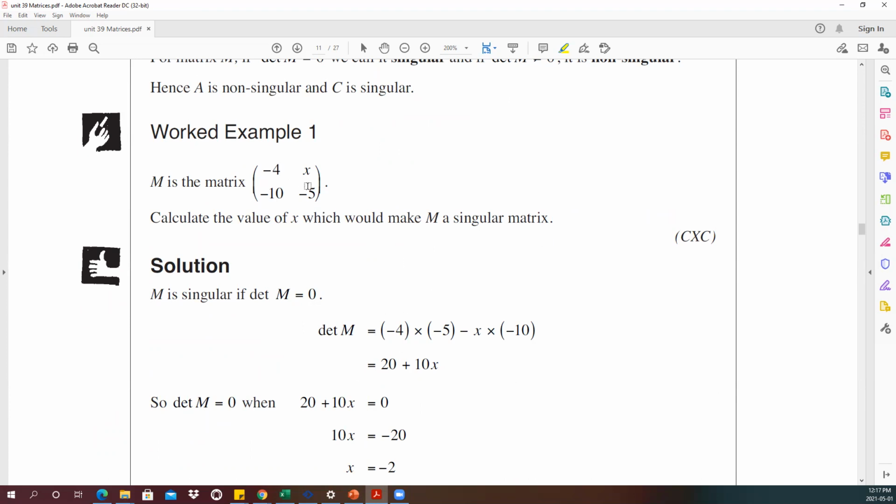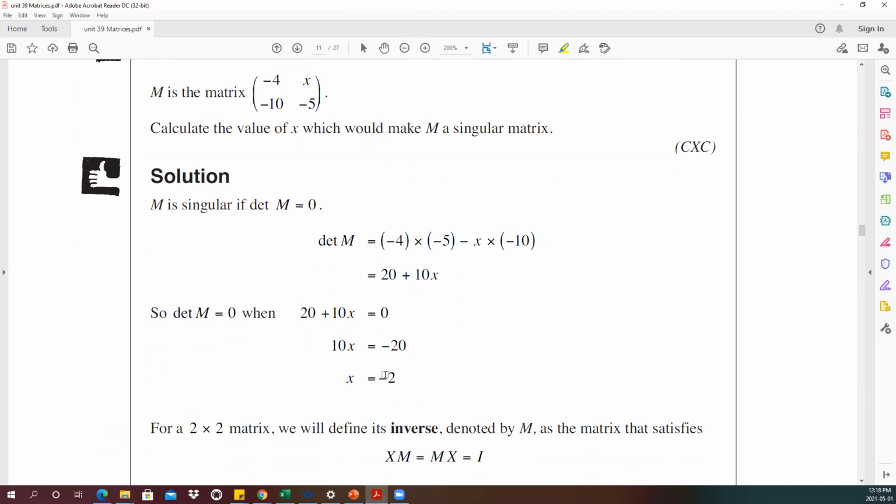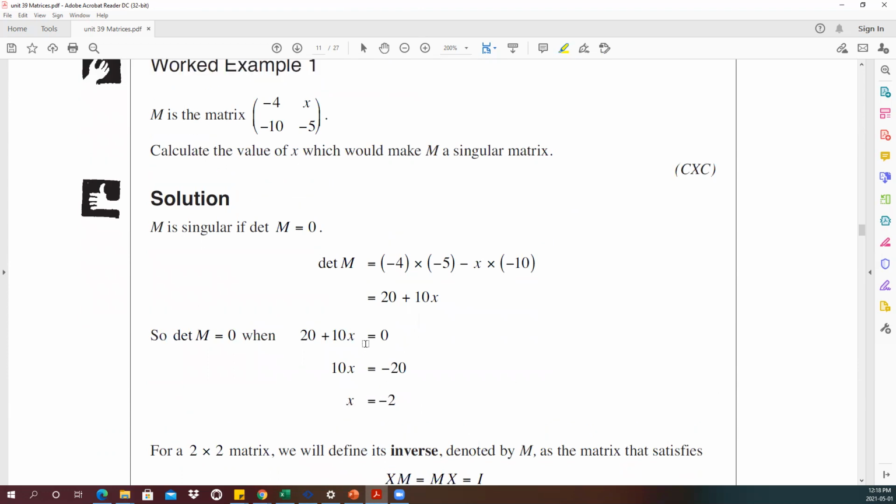You find the determinant as before. You say minus 4 times minus 5, which is 20, and then minus this and that, you get a plus 10x. Set it equal to 0, solve for x. So x is equal to minus 2. So if x is minus 2, then the determinant of the matrix is 0. That is, matrix M would be singular.